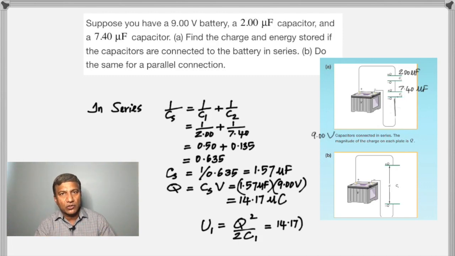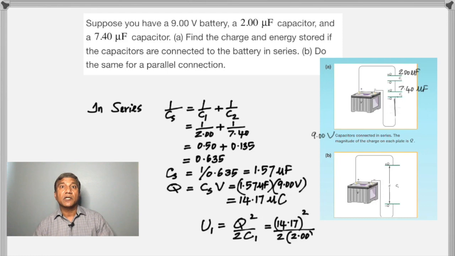Because we already know the charge on each capacitor is the same. We got its value, and we know the value of the capacitance. But if we try to use another formula, we'll have to first find the voltage. So let's go with the charge squared divided by 2 times the capacitance.